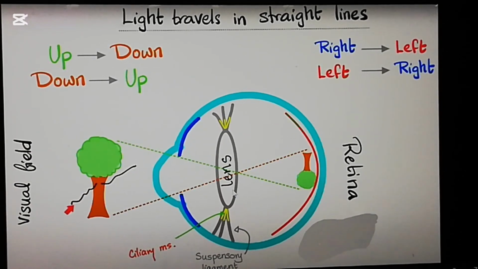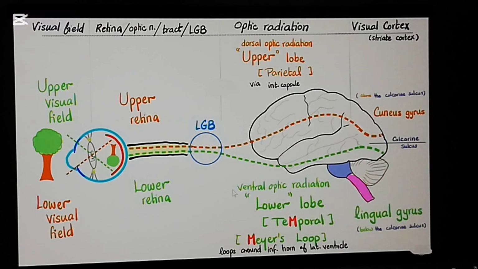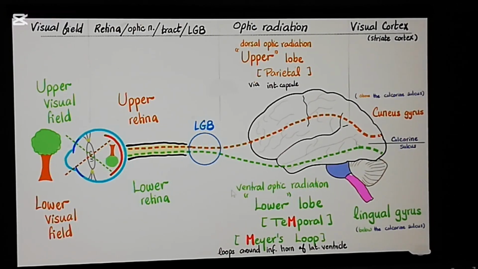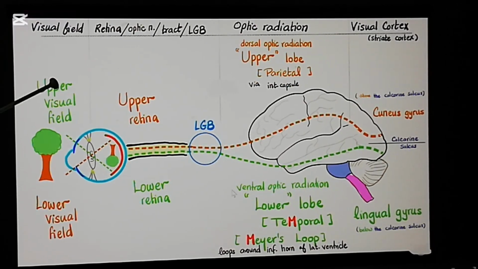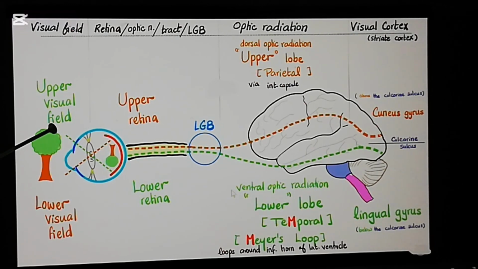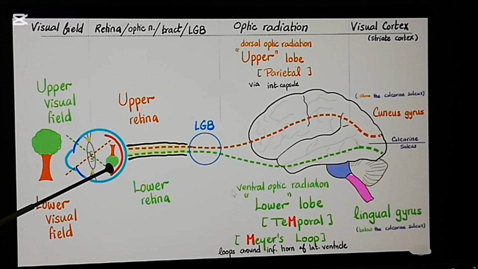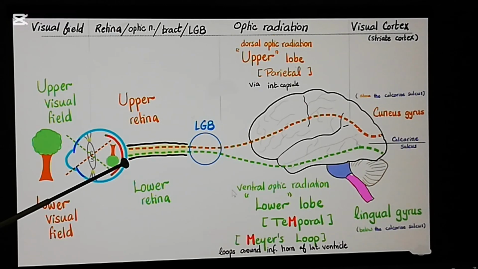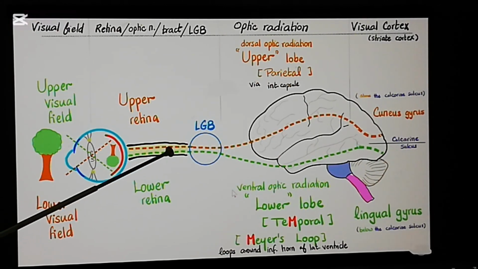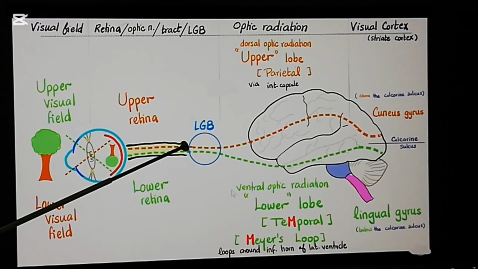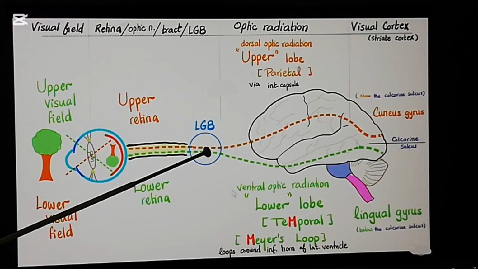Now let's see what happens next. In continuation with the previous picture, we have to learn another important thing. As we know that the visual field from the upper region is hitting the lower retina, and in green lines it has to pass through the optic nerve and then it travels finally into the geniculate body, right?